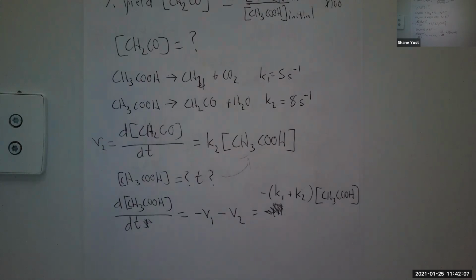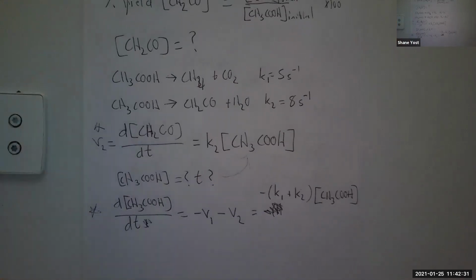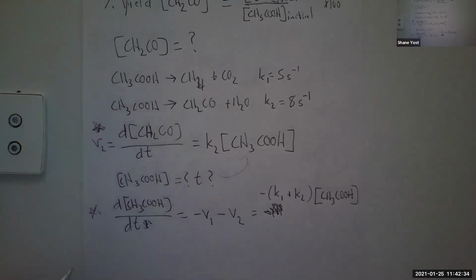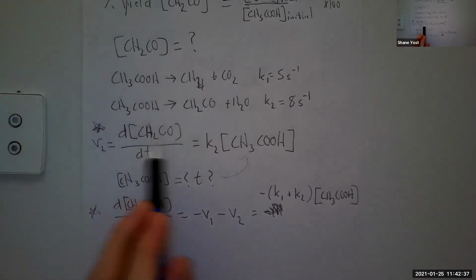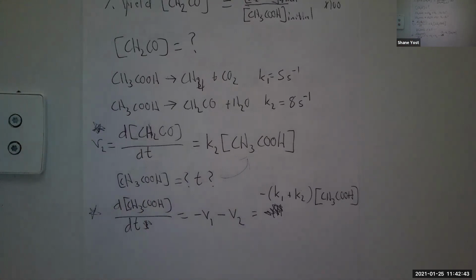Are there questions about how I got to where I got so far before we move on? Some of these steps are similar to steps you'll take when we talk more about reaction mechanisms and solving for rate laws. You'll often do something like what I did in these two spots, where you say the rate of change of concentration of some reactant or product is equal to certain rates of reactions, and then those rates of reactions are equal to rate laws, to get these types of differential equations.